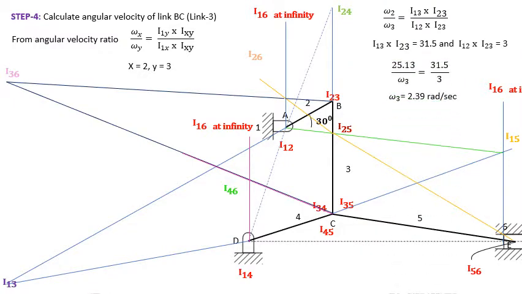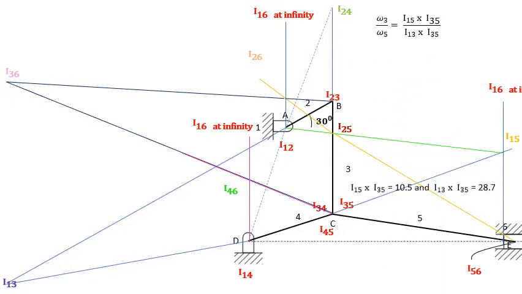So next one is I15 and I35. I15 is nothing but the line between link number 1 and link number 5. This is I15 and I35, this line. Measure the length of this line, I35 and I15. From the measurement I got 10.5 centimeter.